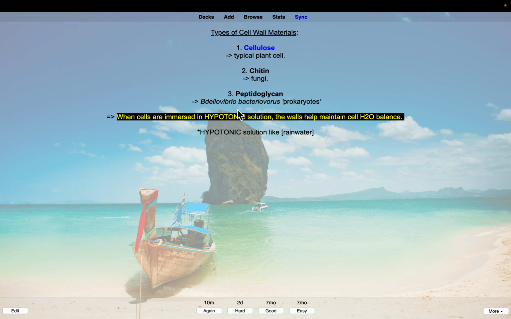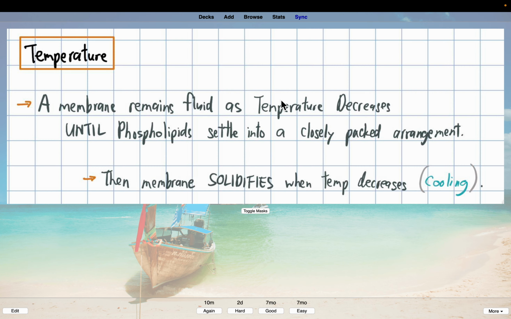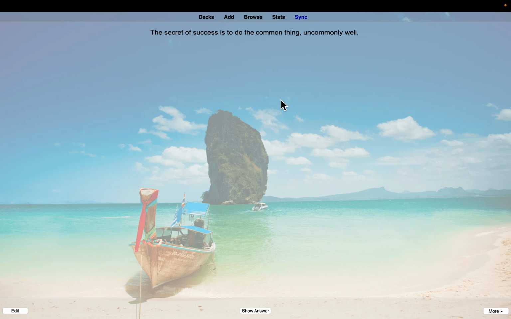When cells are immersed in a hypotonic solution, basically the walls help maintain cell water balance. So the hypotonic solution is like rainwater. There's not enough solute, there's too much water, basically.